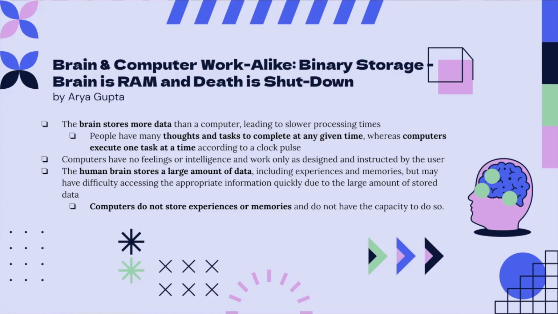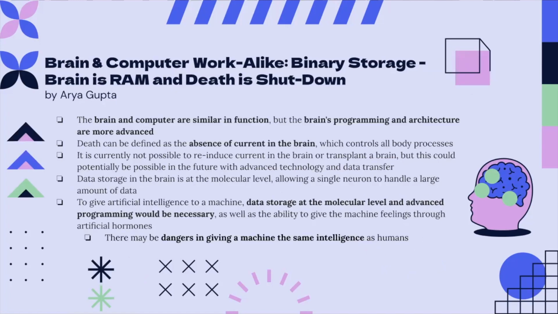Our environments cater to tangible, real world experiences, whereas computers' environments are slightly different. The human brain stores a large amount of data, including experiences and memories, but has difficulty accessing the appropriate information quickly due to the large amount of stored data. Again, computers do not store experiences or memories, and they do not have the capacity to do so, at least as we know it now.